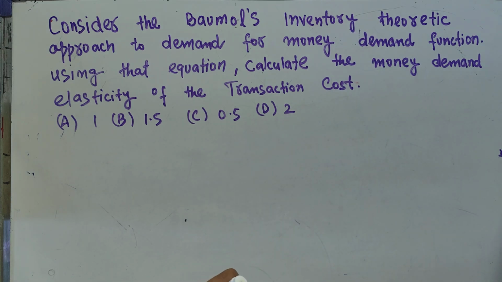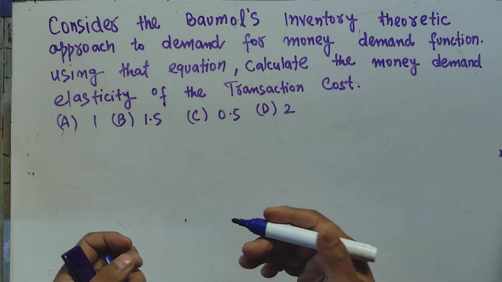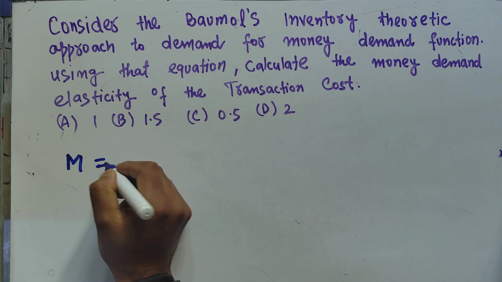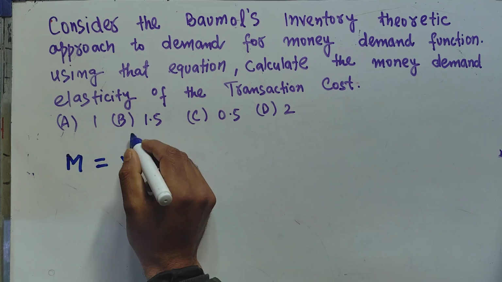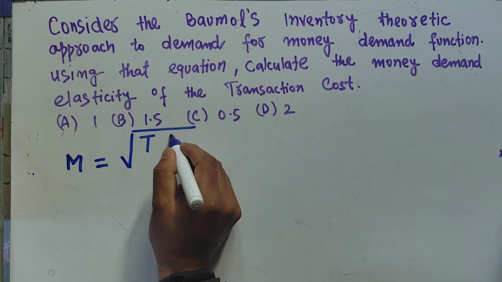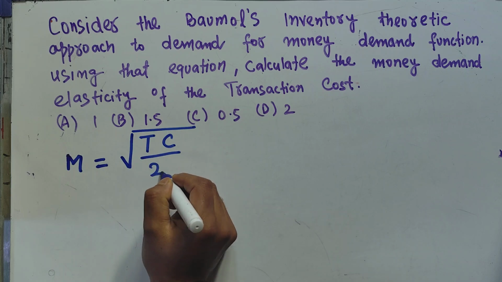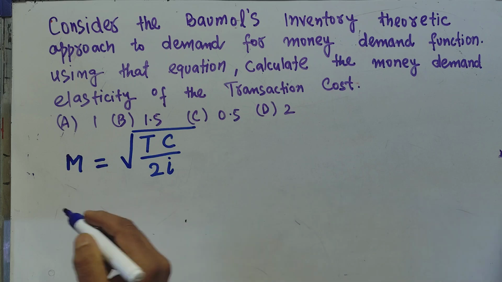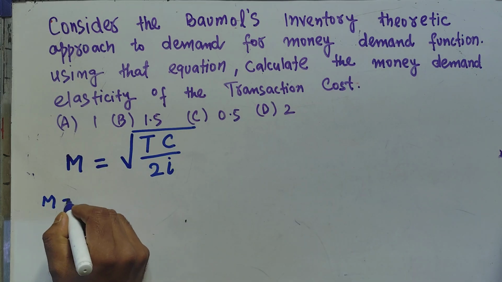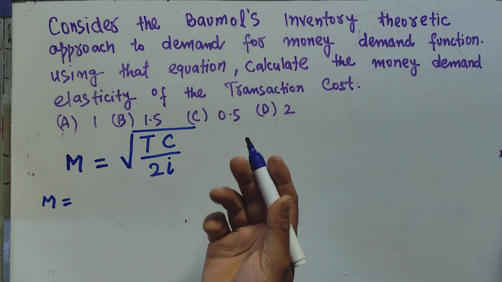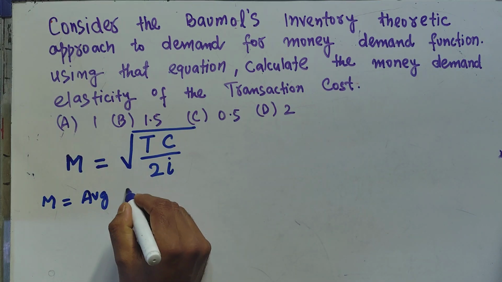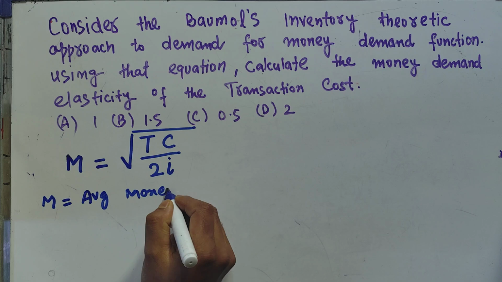Okay. So the Baumol-Tobin model for demand for money is given by M is equal to the square root of T times C upon 2I. Here M is the average money balance.